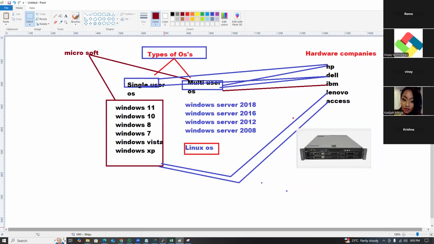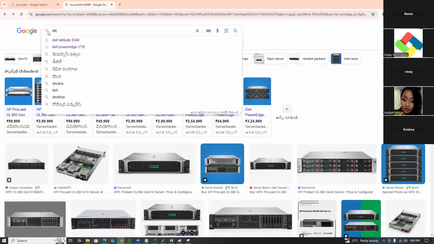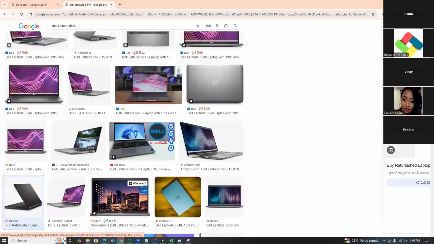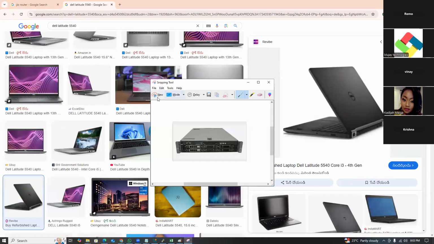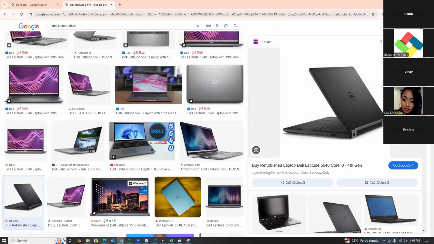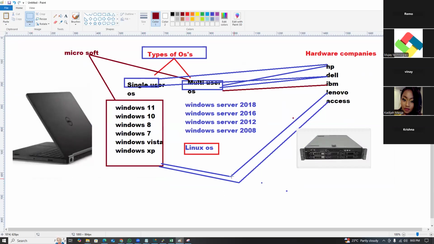And the Dell Latitude 5400 is for a single-user operating system. So: single-user and multi-user operating systems.